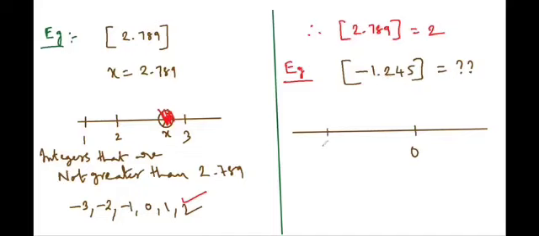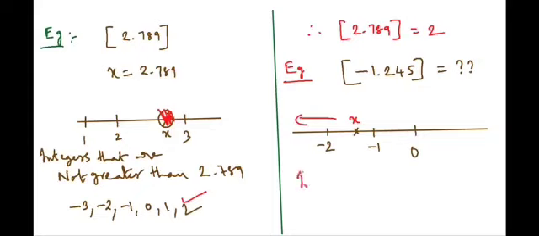Our x value is now minus 1.245. It lies between minus 2 and minus 1, so somewhere here we have x. Now, not greater than x means the left side.